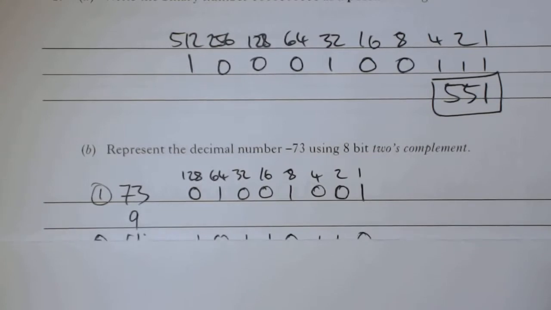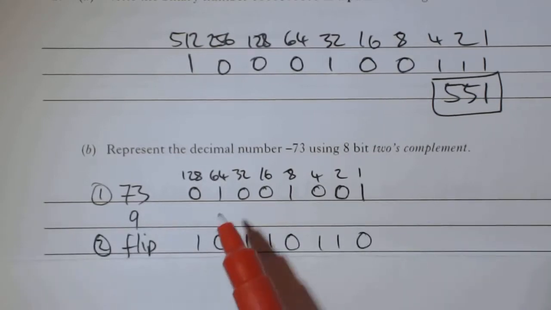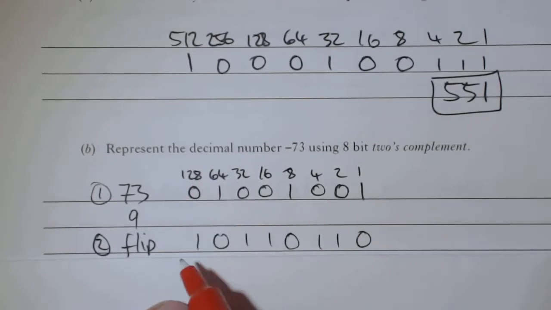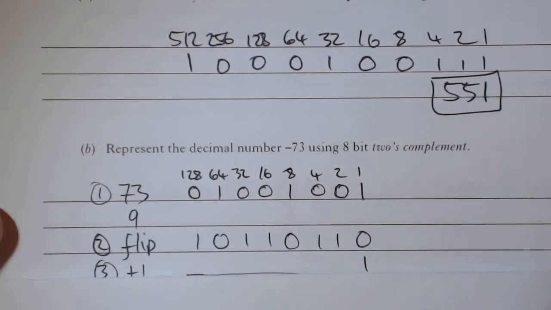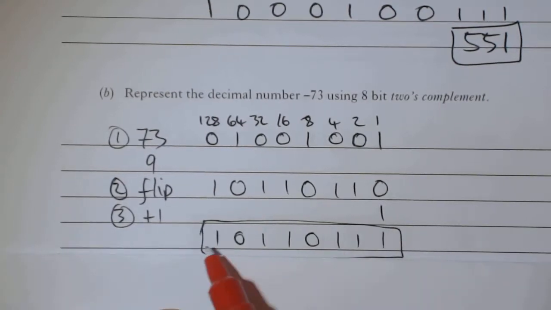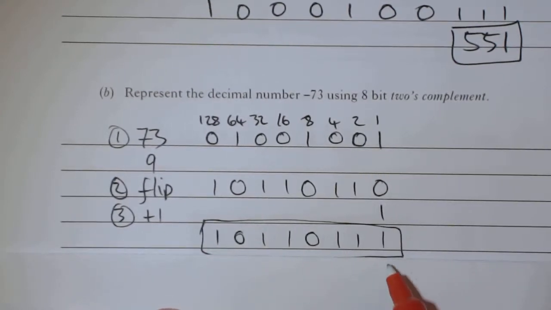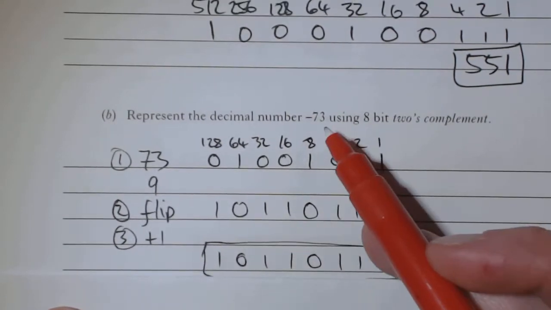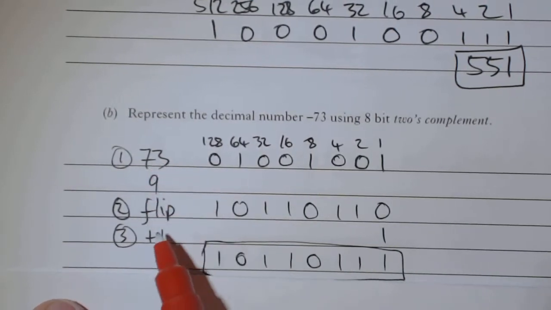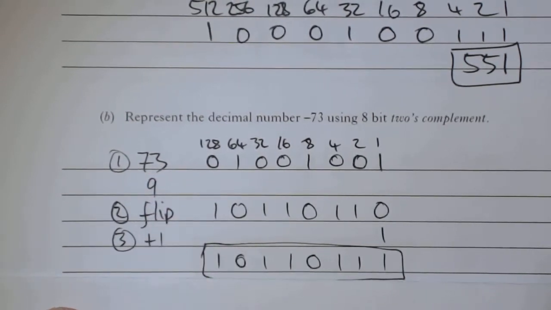You then flip the zeros to a 1 and the 1s to a 0. Okay, so you just change it to the opposite, and then you add 1, and hopefully you remember the rules of addition. But this is an 8-bit 2's complement version of minus 73. Okay, so you get the positive version, you flip the bits, and then you add 1 to it.